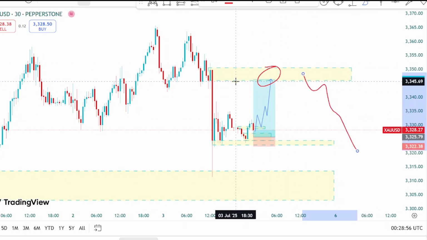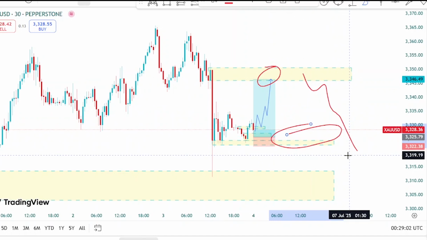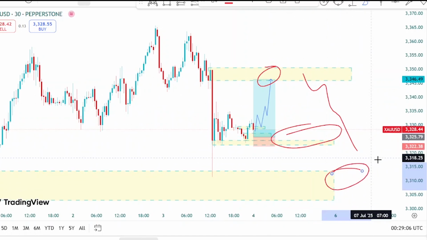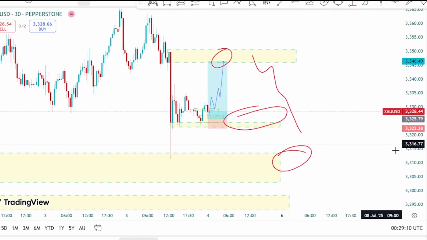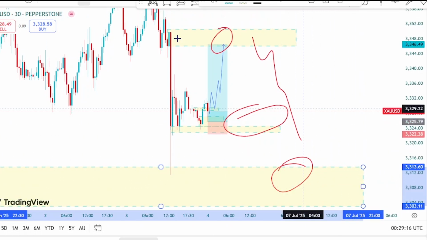This is a supply, so wait for the reaction from this area. Maybe we continue moving down until we reach these targets, and then from here, we have to be careful and wait for a strong confirmation so that we can take a buy also from this area.